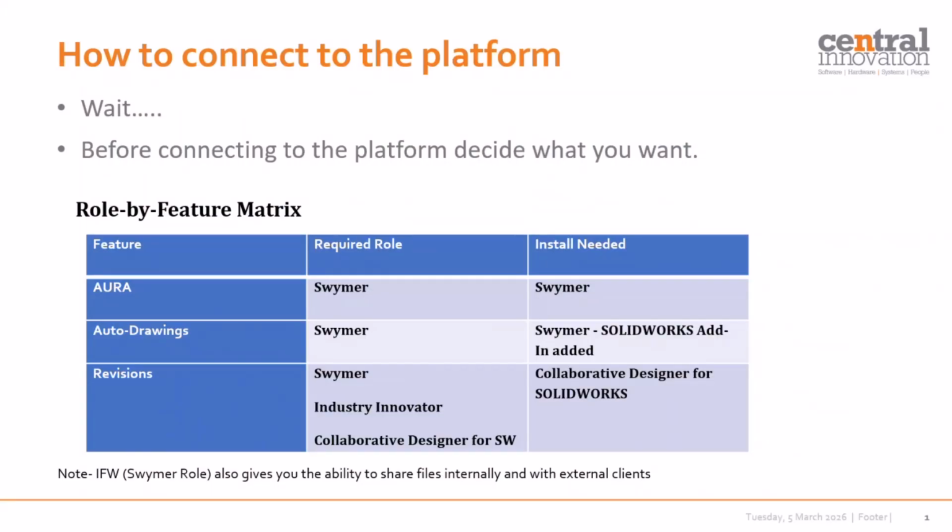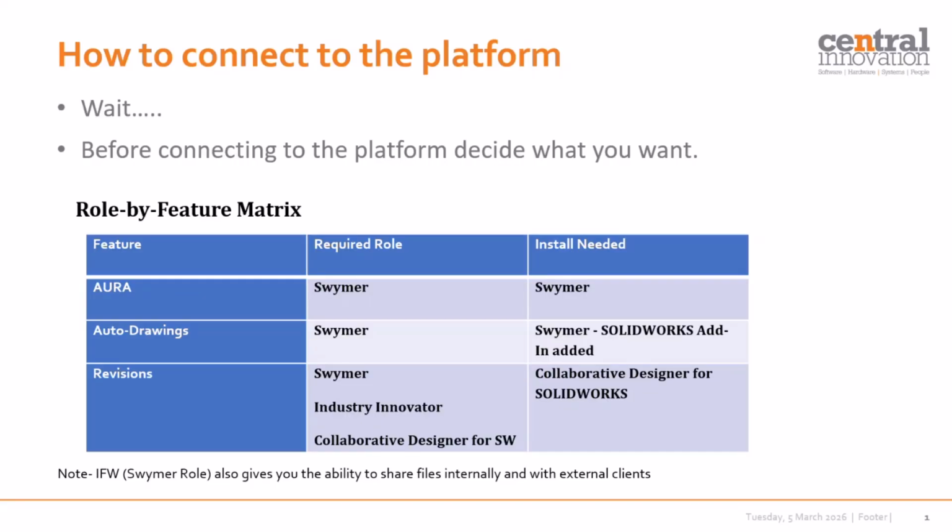Before we go to our second agenda item on how to connect to the platform, let's look at what's available and the benefits. You can see from the first two roles, AI is available with just a swimmer role. The swimmer role comes with the SOLIDWORKS add-in that lets you see the collaboration toolbar and gives you access to the 3D Experience platform from within SOLIDWORKS.